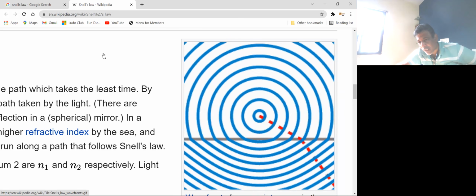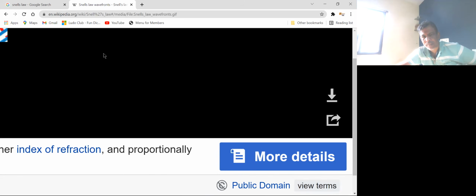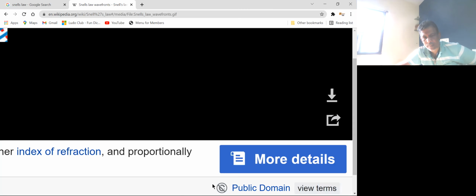You can see the wavefront bending here. The wavefront itself, because there's a medium one. So we can see that the ray of light, when it moves from medium 1 to medium 2, starts bending here. The wavefront itself will bend. As the ray moves from rare to denser medium, the wavefront is going to bend here.